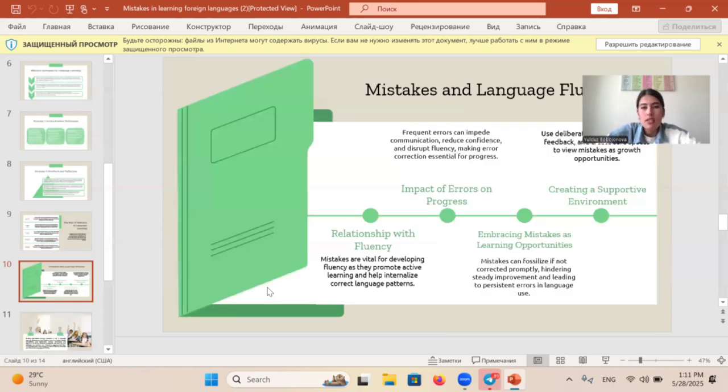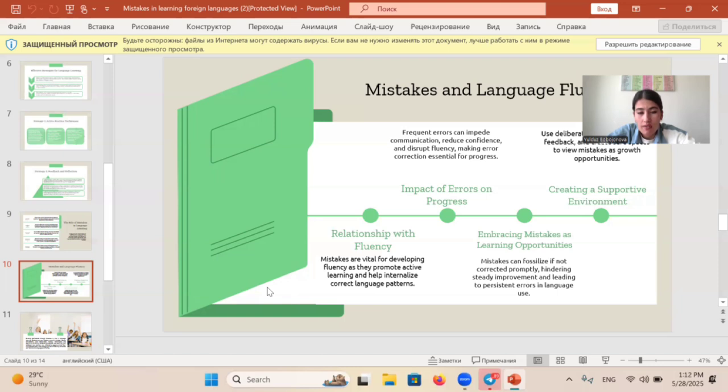If you look at mistakes and language fluency, we have the impact of errors on progress and creating a supportive environment. Frequent errors can impede communication, reduce confidence, and disrupt fluency, making error correction essential for progress. You celebrate feedback. Relationship with fluency.